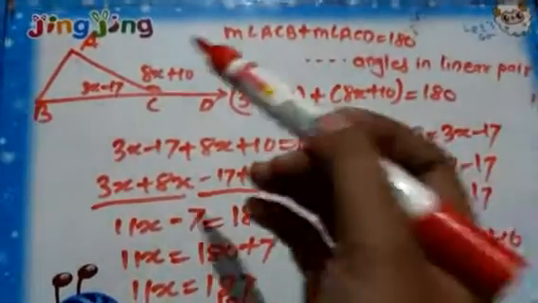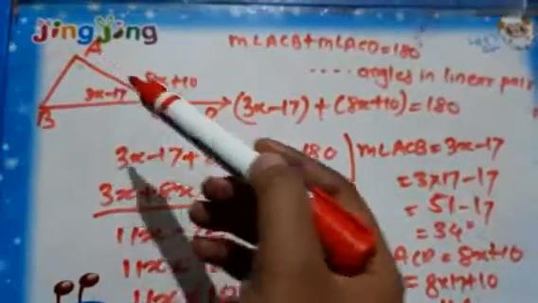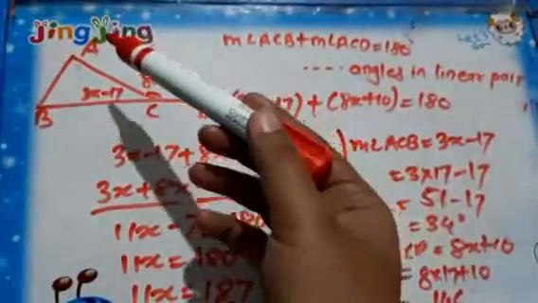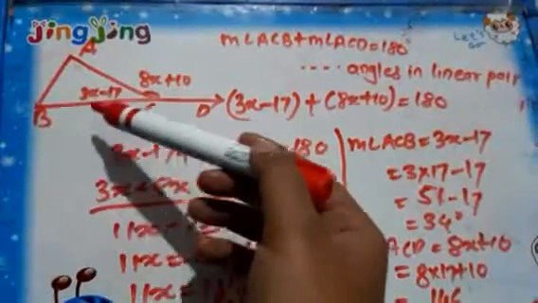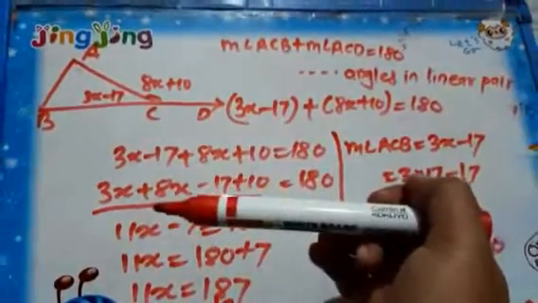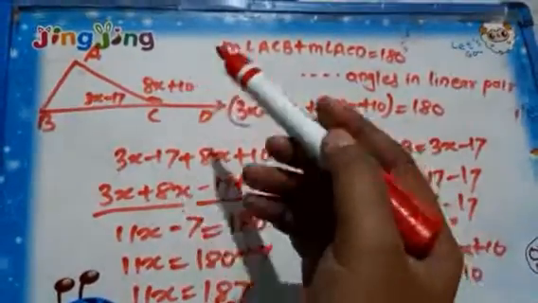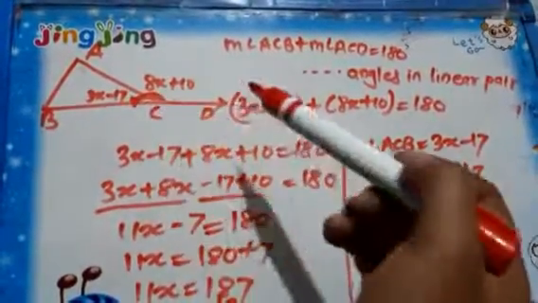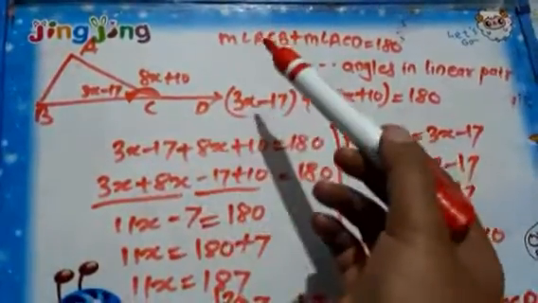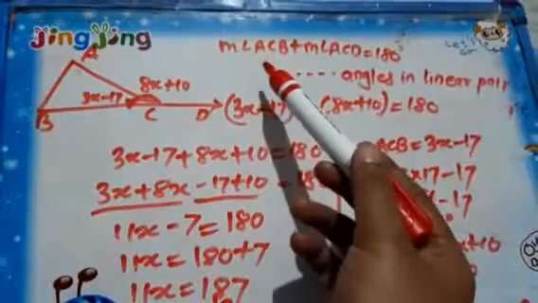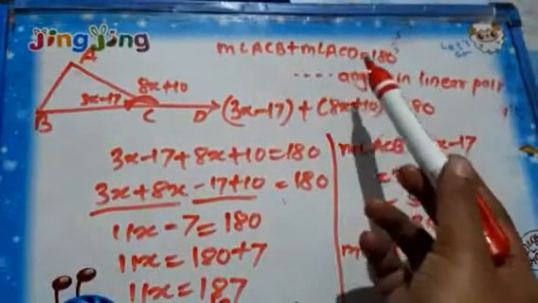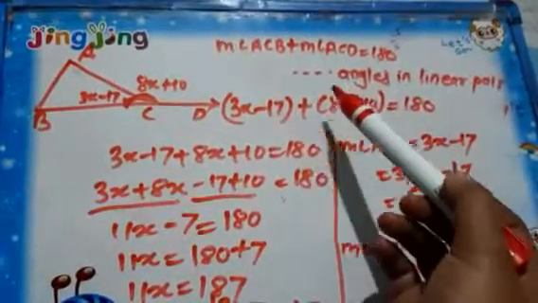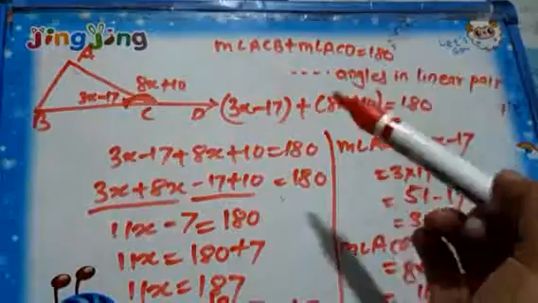So as ACD plus ACB, they are forming straight line, they are in linear pair. So their addition will be 180. You can see here these both angles are forming 180 degrees or straight line. So simply we will write measure of angle ACB plus measure of angle ACD is equal to 180 degree. Reason is they are in linear pair.